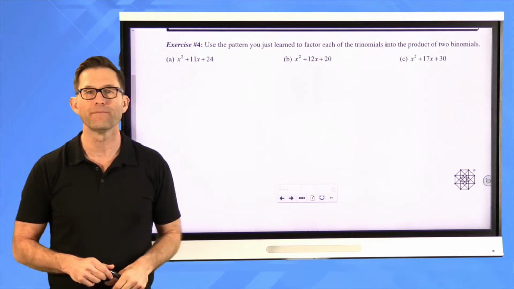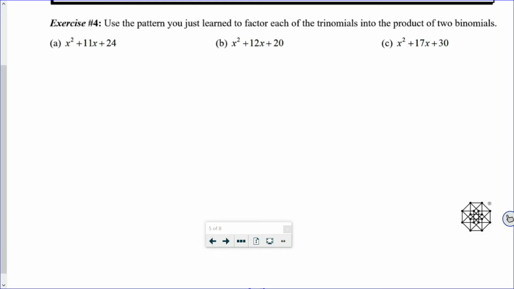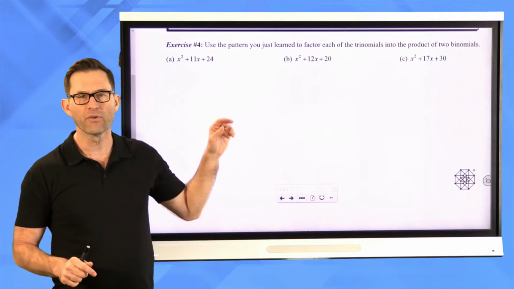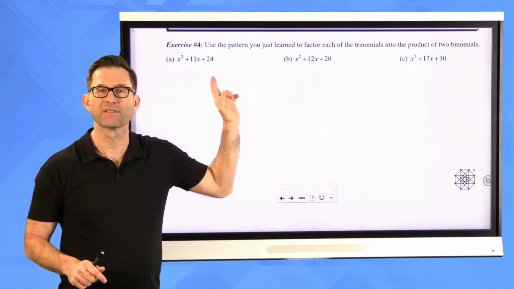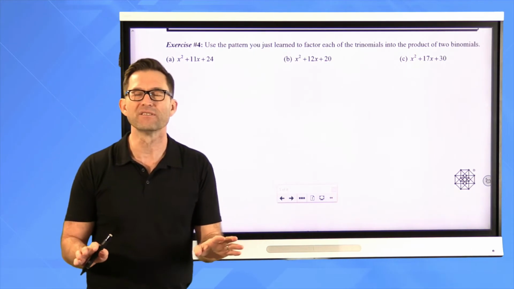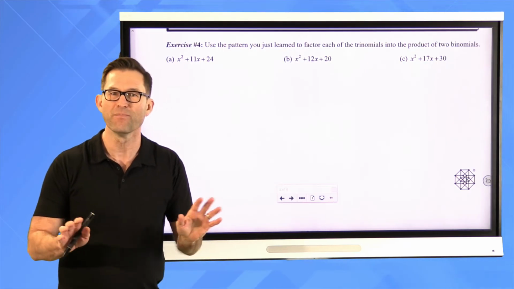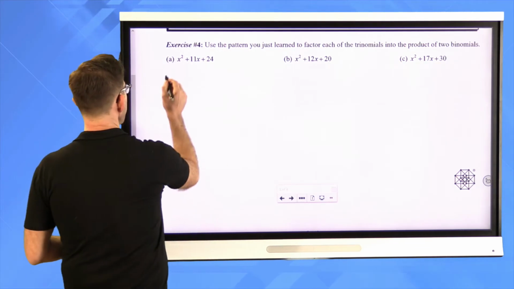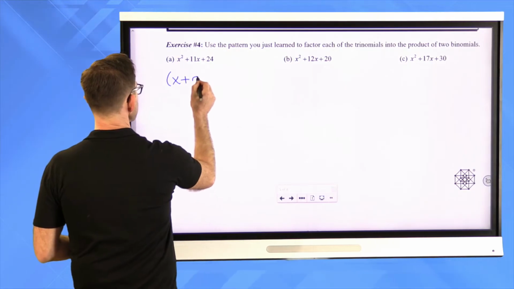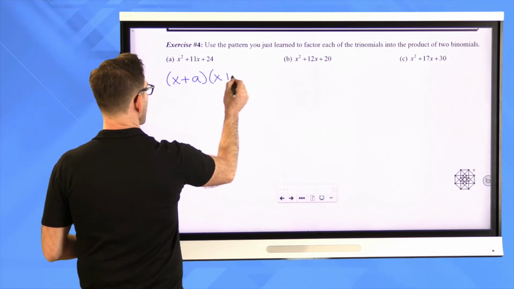Exercise number 4. Use the pattern you just learned to factor each of the following trinomials into the product of two binomials. All right, so my first one is x squared plus 11x plus 24. And I like to think about this as kind of almost like a little game, right? I'm looking for two numbers, right? I'm trying to fill in this kind of pattern, right?